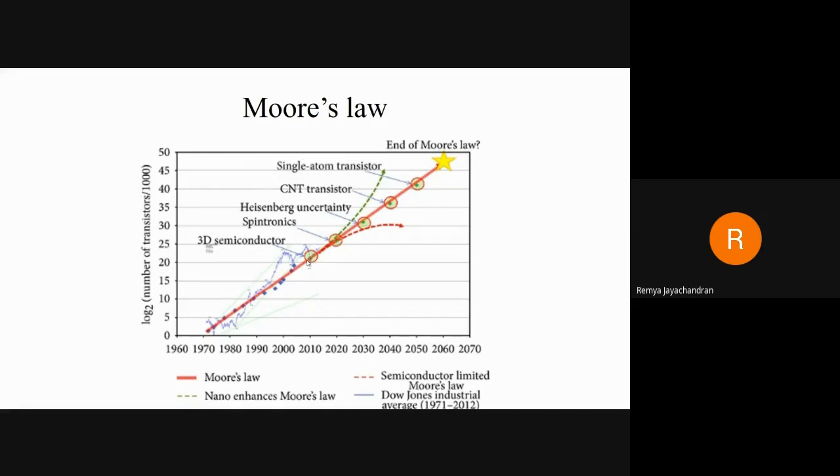So the planar transistors cannot be scaled down below a particular limit. So the conventional MOSFET was replaced with multi-gate transistors to continue the scaling of this device.